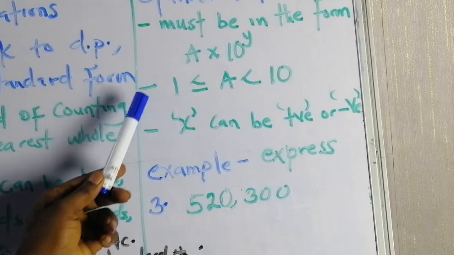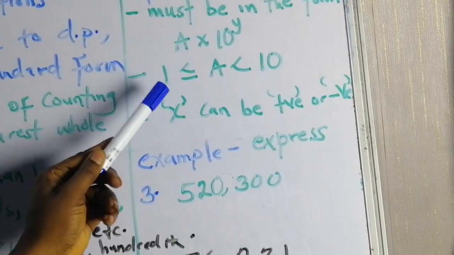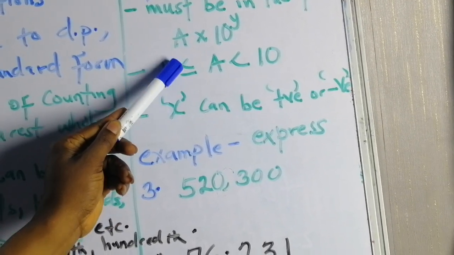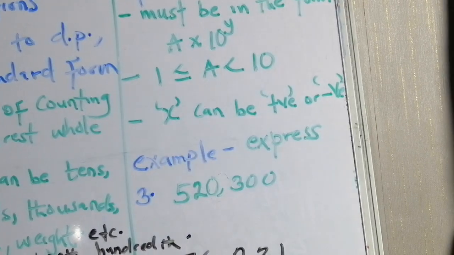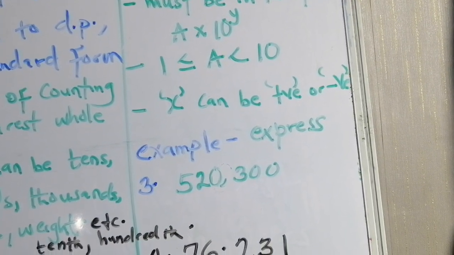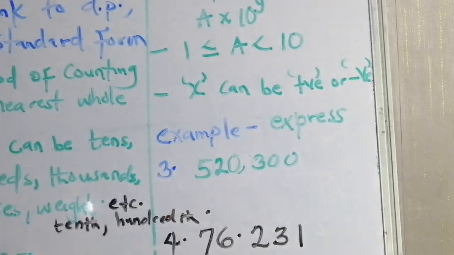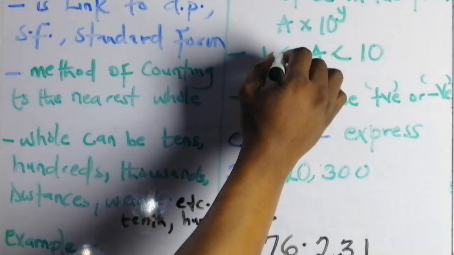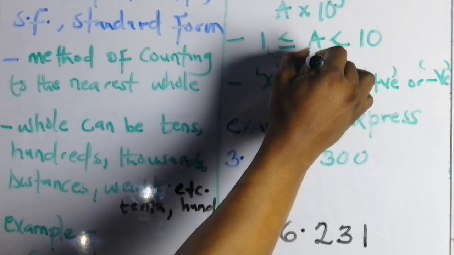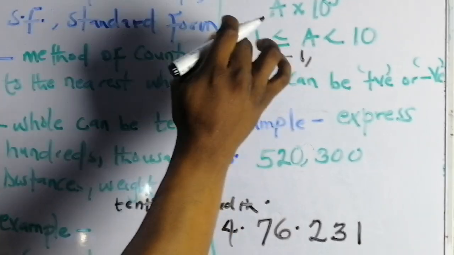What is the meaning of a? Look at the second point, the inequality: 1 is less than or equal to a, and a is less than 10. What does that mean? It means that a can be 1, because it's less than or equal to 1.